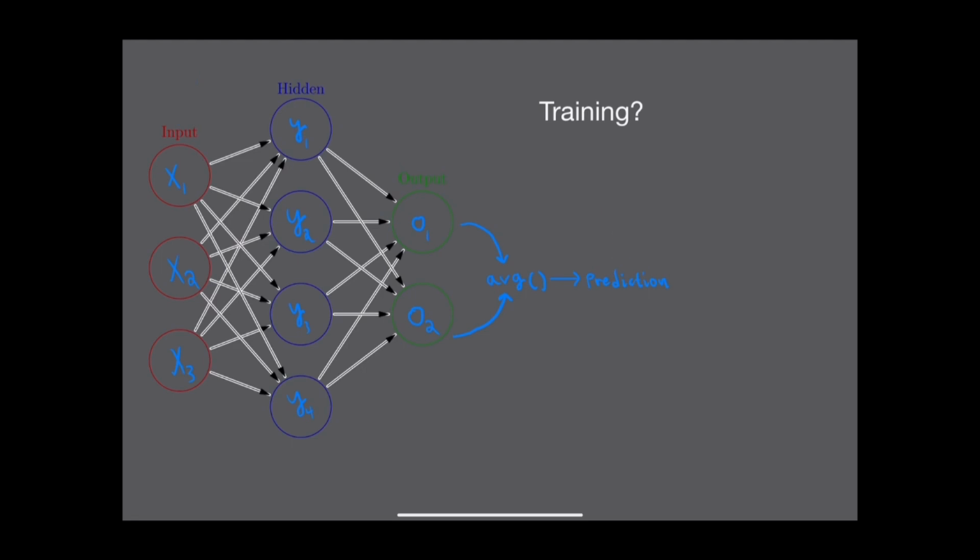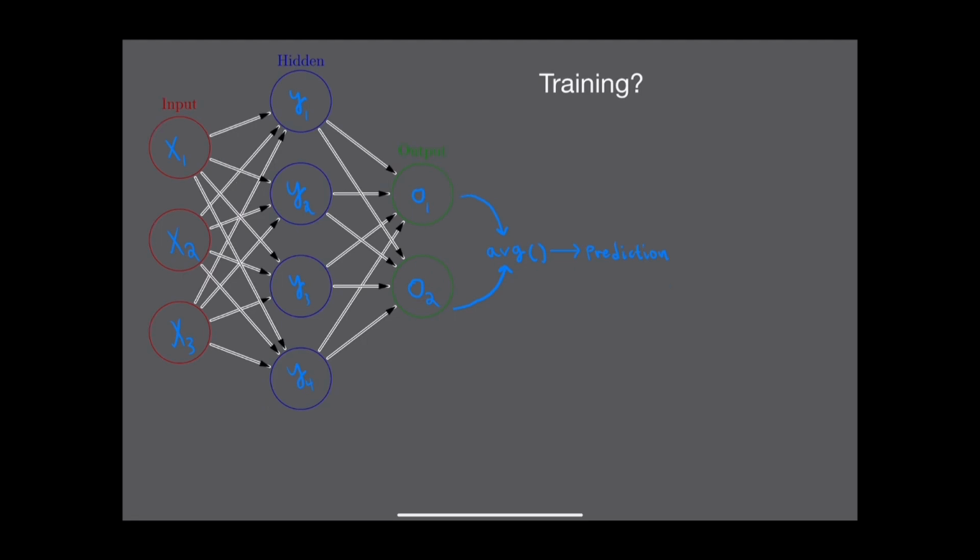The process of training then is just the model figuring out what W1, W2, W3, and B should be for this node, as well as the 3 nodes below it, and figuring out what W1 all the way through W4 as well as B should be for O1 and O2 for those nodes. The ultimate goal of training, and we're just treating training as a black box for now, is to increase the model's accuracy on that training data set, and hopefully the model gives pretty good predictions later on for people it's never seen before when we pass in their input information.